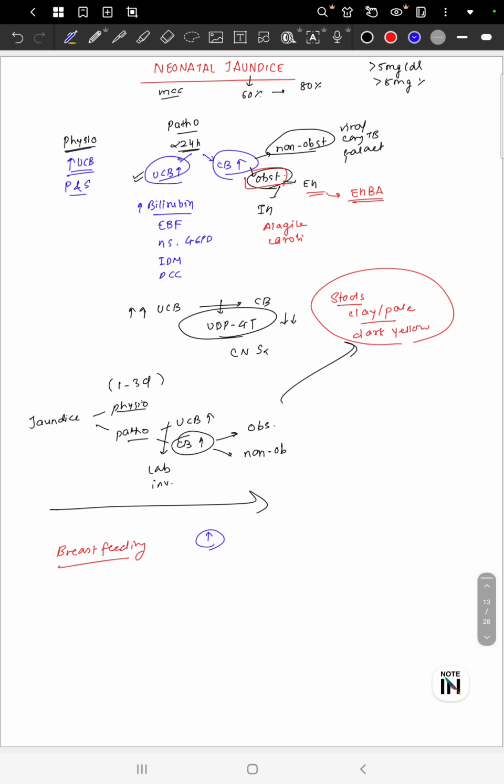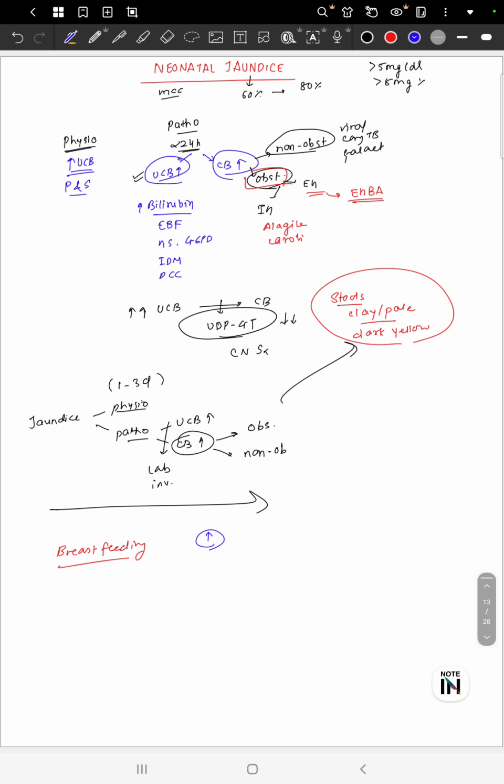That is called suboptimal intake hyperbilirubinemia. There is more than 10% weight loss in the first week. Now we know that whenever an infant is born, in the first week there is up to 10% weight loss, and after that, within 10 to 15 days, the infant again regains its weight.